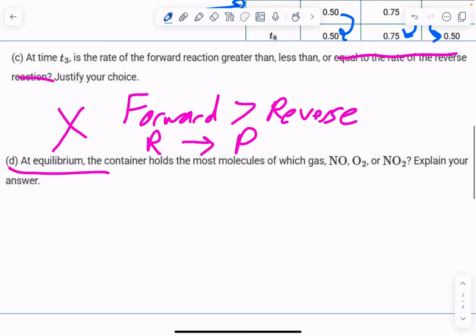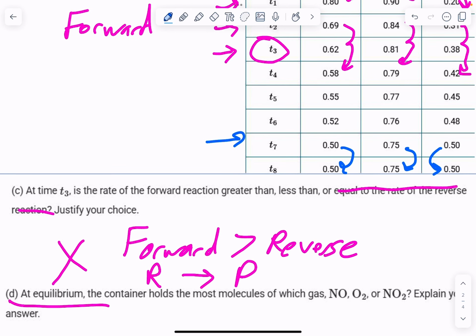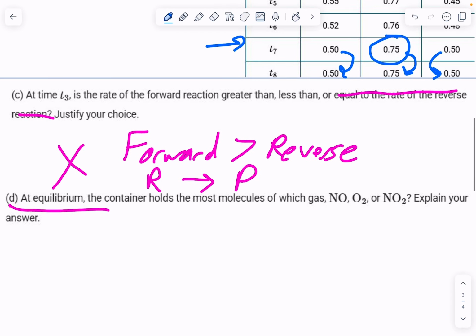So which one is greatest at equilibrium? It looks like oxygen. So oxygen has the most molecules compared to any other gas.